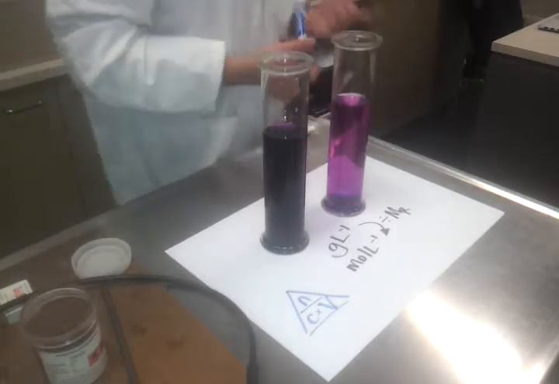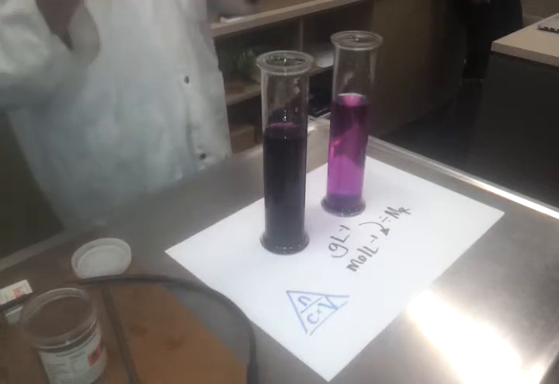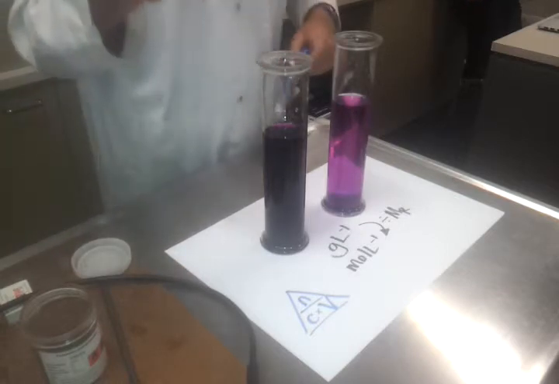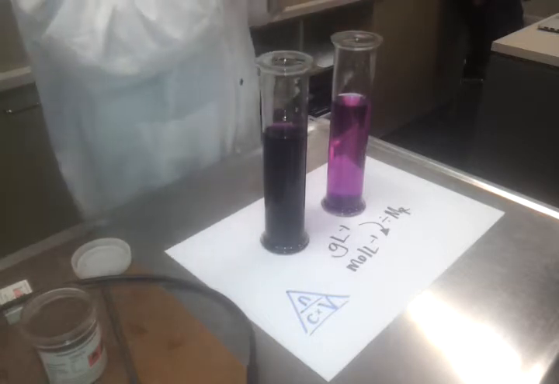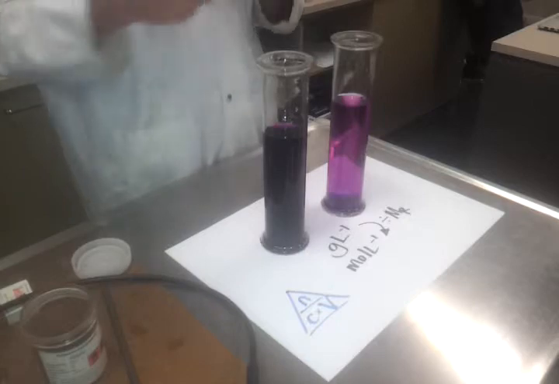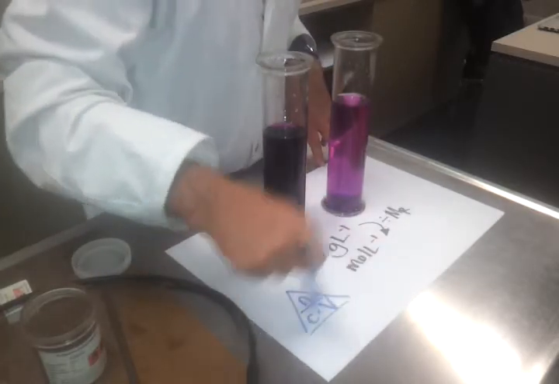Then we can react it with our unknown, and one thing I didn't cover, we can look for a colour change with an indicator, and we will see how many moles have reacted, use our balanced equation to find our number of moles. If we know what volume we used, we can find the concentration.